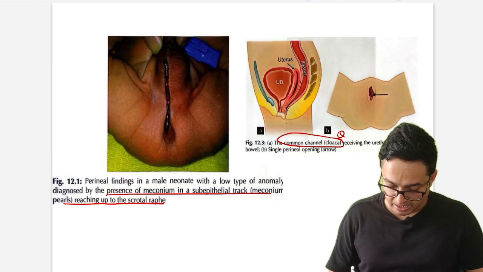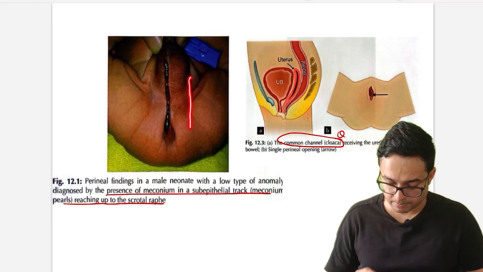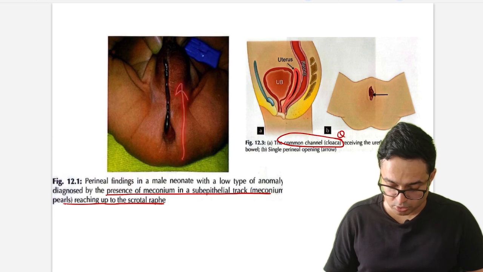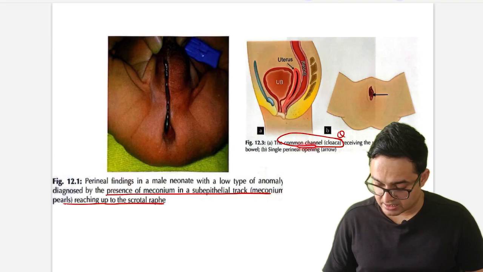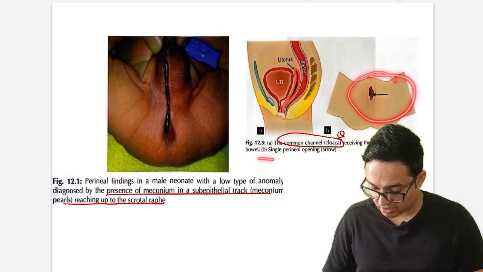This is a male neonate with a low type of anomaly. It is diagnosed by the presence of meconium in the subepithelial tract, called the meconium pearl, reaching up to the scrotal raphe. Very much important. And this image is suggestive of a common channel cloaca, receiving urethra, vagina and bowel all in one.